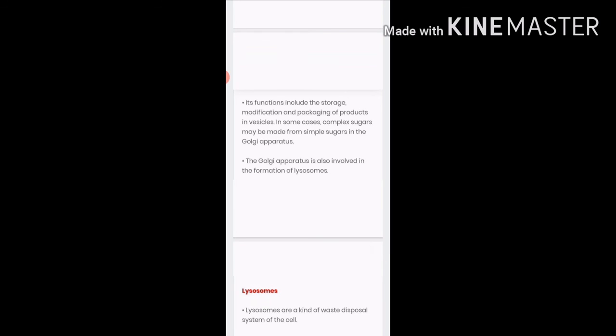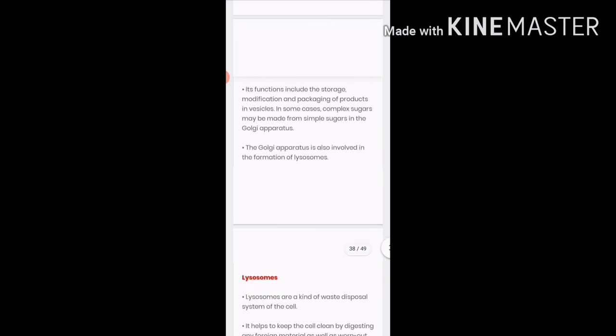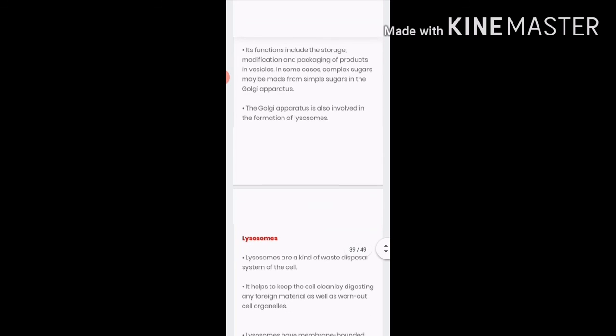Again, its function include the storage, modification and packaging of product in vesicle. That is, as I just told you, vesicle will be formed and then it will be passed to the site of the action where it is required. In some cases, complex sugar may be made from simple sugar in the Golgi apparatus.